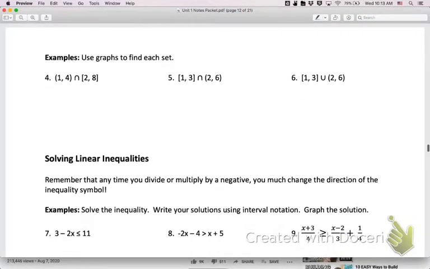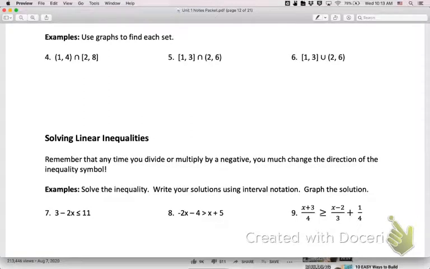So for number 4, we want to find the intersection of the interval from 1 to 4, open, and the interval from 2 to 8, closed. So here's how I like to do it. I like to do it on the same number line. So here's my number line, but I'm going to graph one kind of above the number line and one kind of below. So my smallest number is 1 and my biggest number is 8.